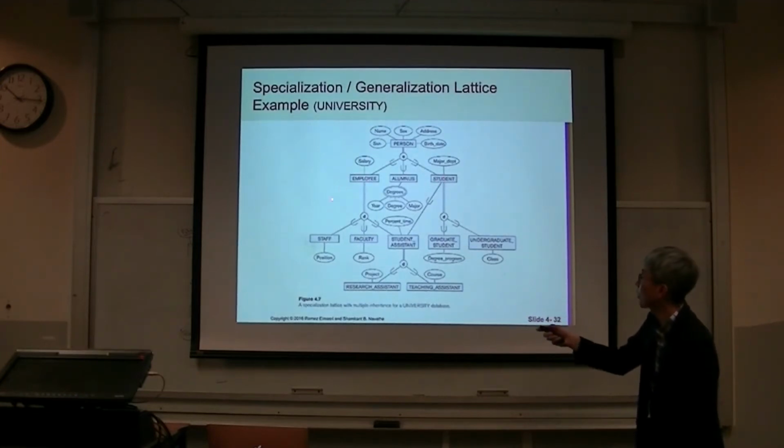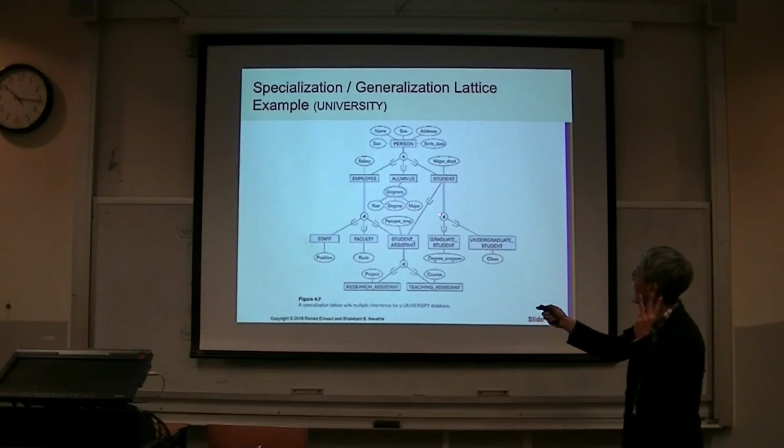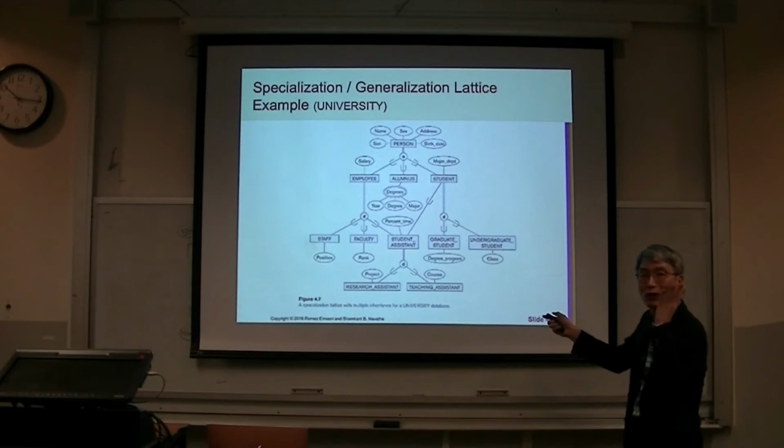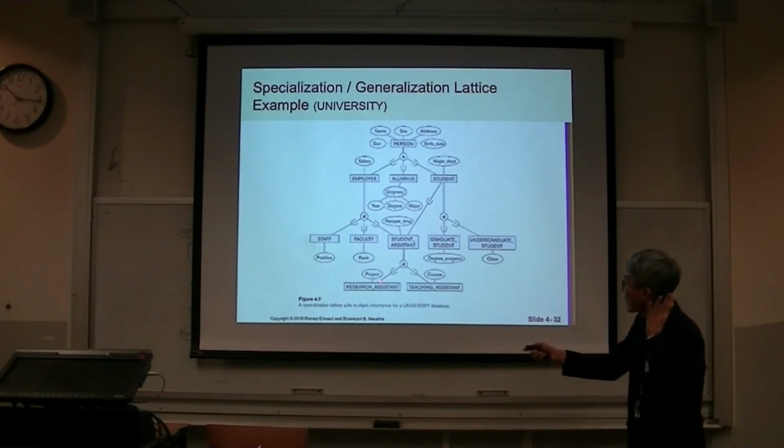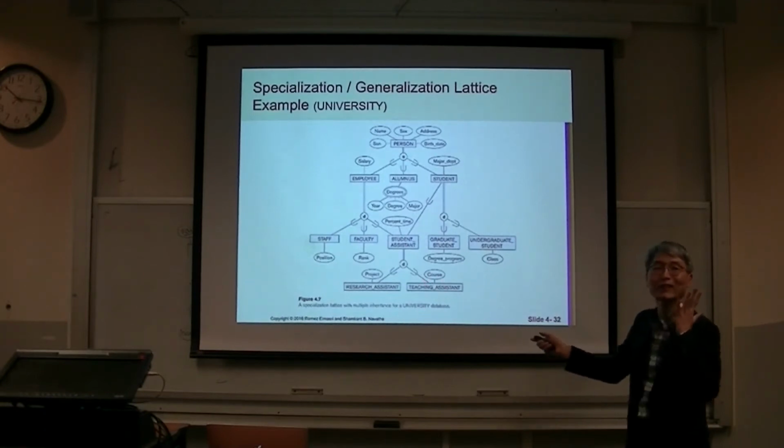Another group is employee, staff, faculty, student assistant. 2. And the 3 is student and student assistant. 3. And another one is student, graduate student, undergraduate student. 4. And student assistant is the superclass of the research and teaching assistant. 5. So actually there are 5.